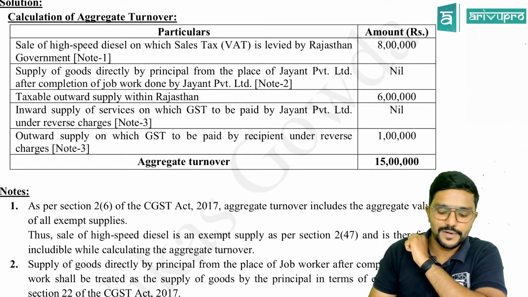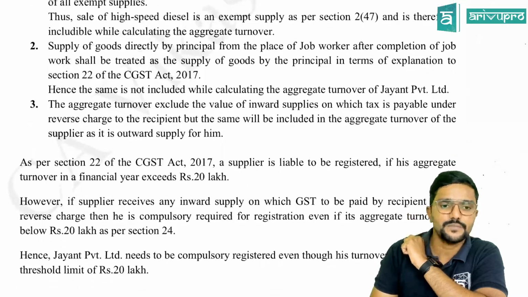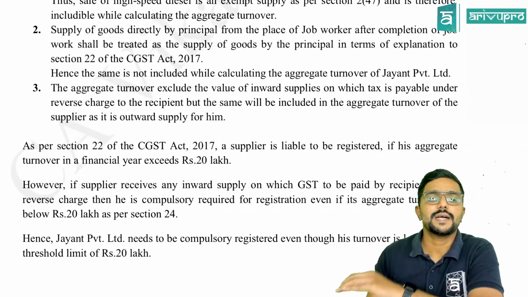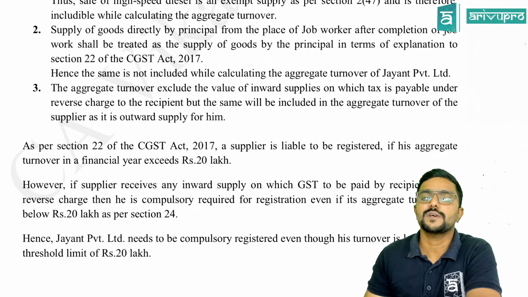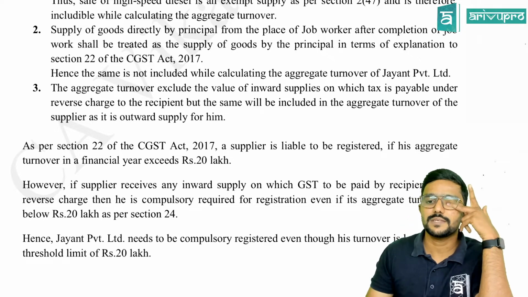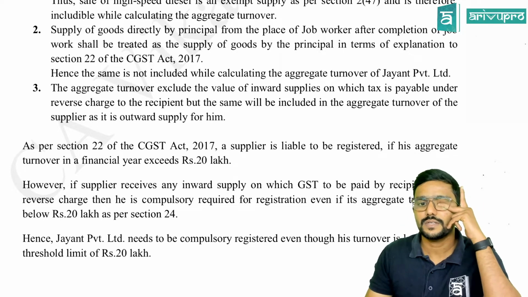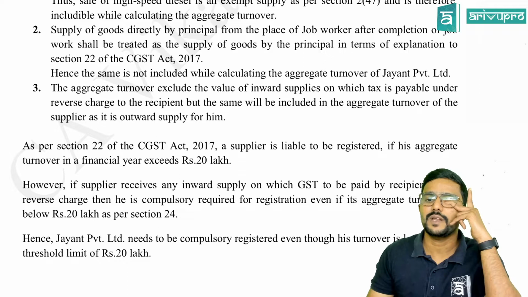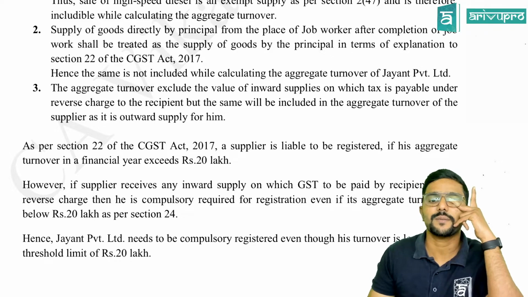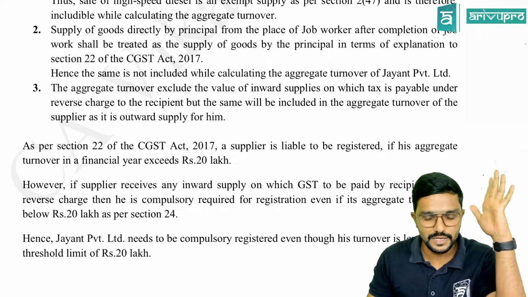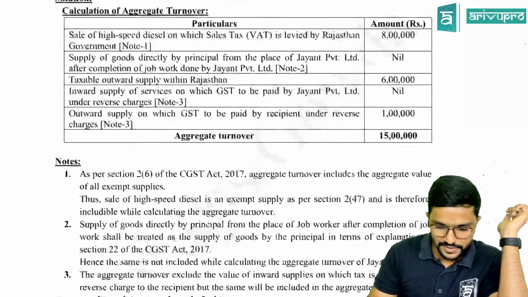So for both these points, I have given note 3, which is a common note. Let us see that. The aggregate turnover excludes the value of inward supplies on which tax is payable under reverse charge by the recipient, but the same will be included in the aggregate turnover of supplier as it is outward supply for him. Yeah, and one more important thing, guys, here.